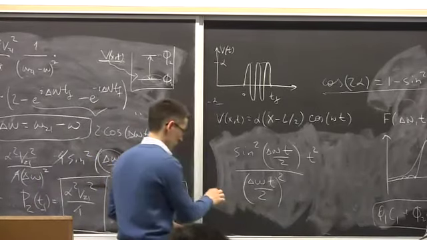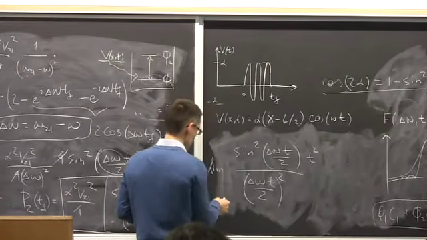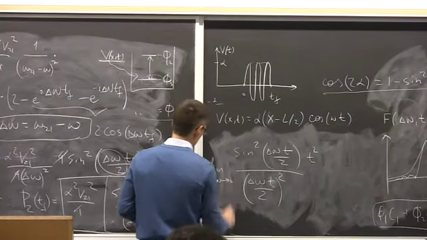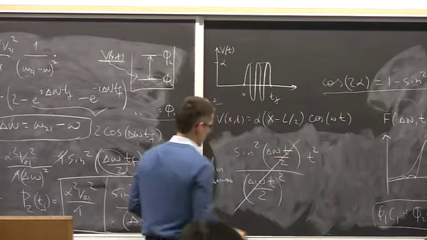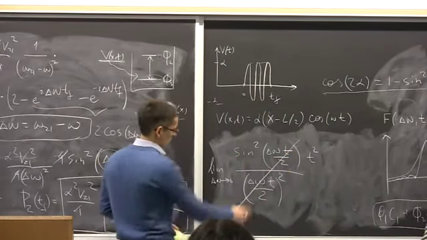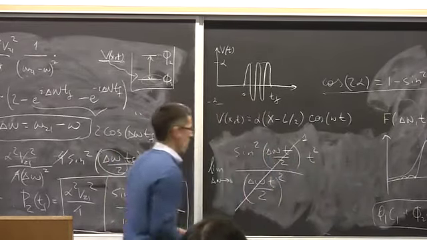But what this will give us is that if we take the limit of this expression with delta omega going to 0, then we can cross the sine part with the denominator. It will be 1.